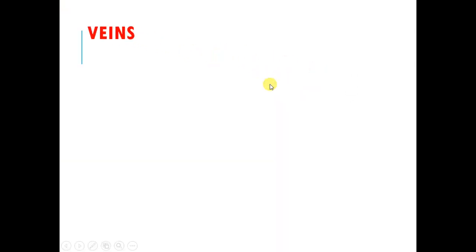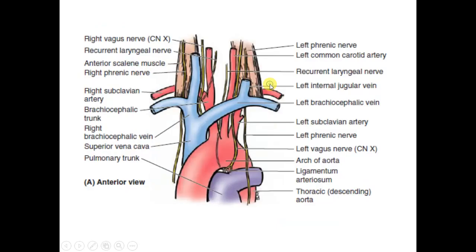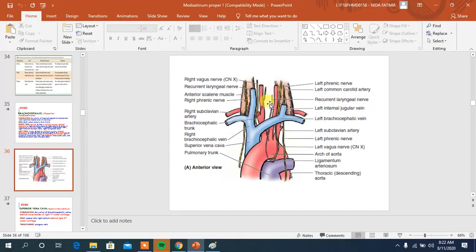Next, we will discuss individually the veins and arteries of this mediastinum and the thorax, in the posterior mediastinum, and other visceral structures in the mediastinum.